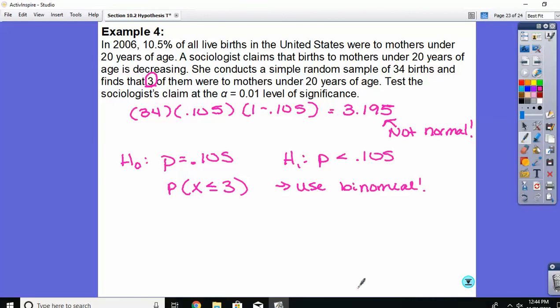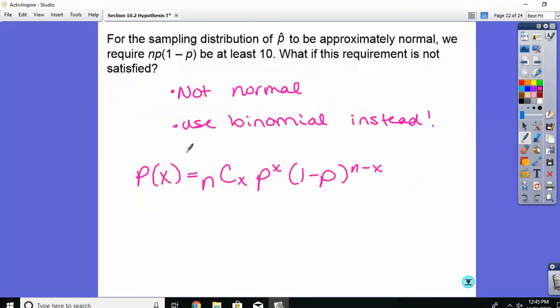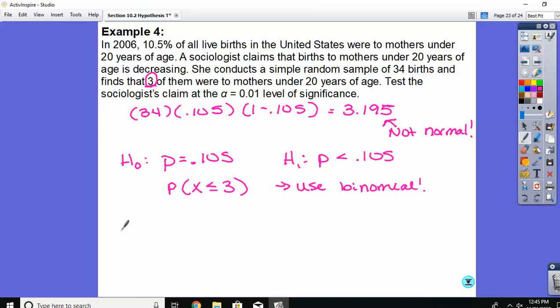Okay, my p is 0.105. Is that one of the probabilities given on my table? No, so that's not going to help me here. We can do it by hand using this formula that I gave you. So n choose x, you guys remember doing this? 34 choose 3.